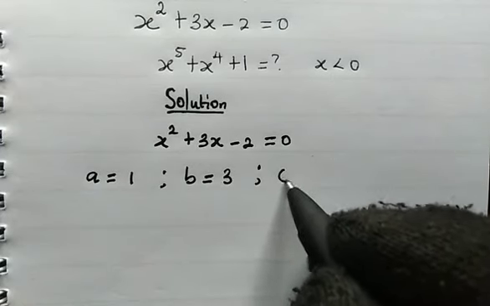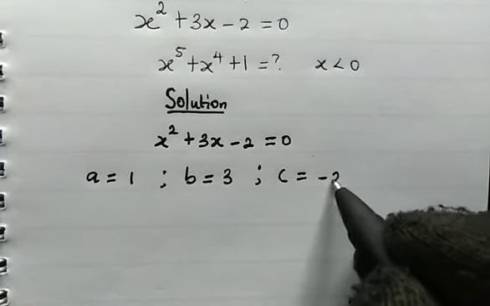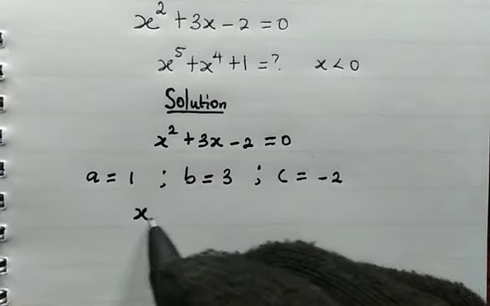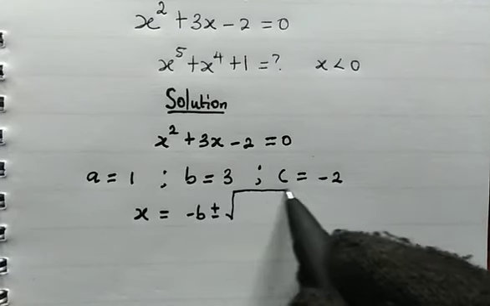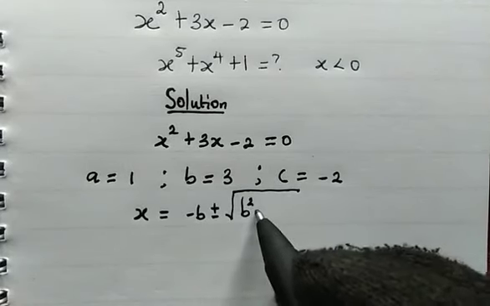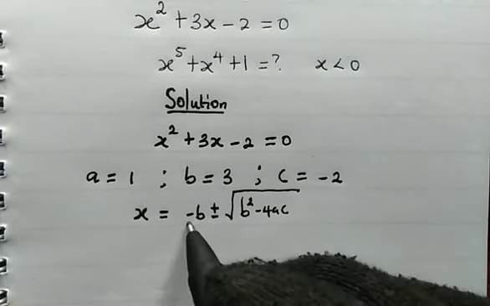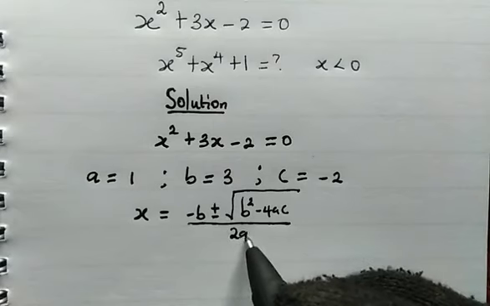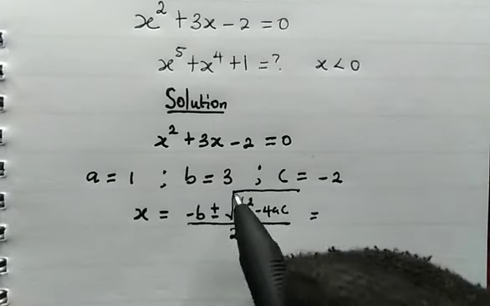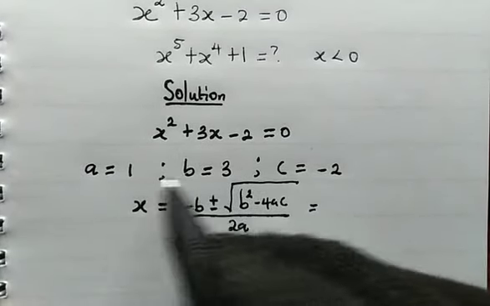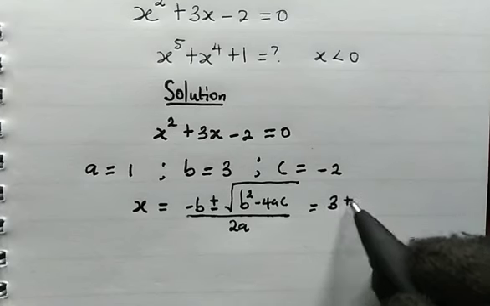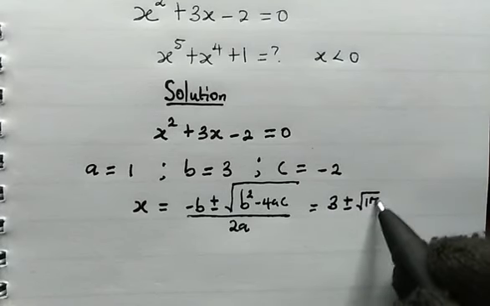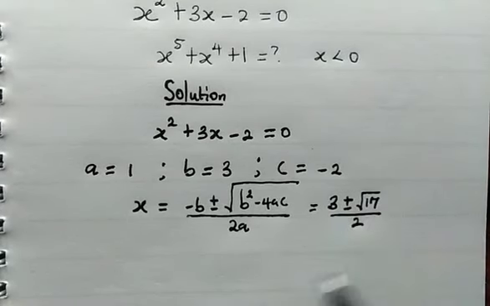And c, the constant, will be negative 2. And from here we have x equals negative b plus or minus square root of b squared minus 4ac all over 2a. And when we substitute these values respectively, we get negative 3 plus or minus root of 17 all over 2.